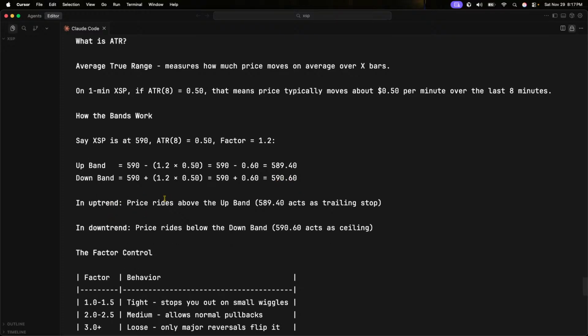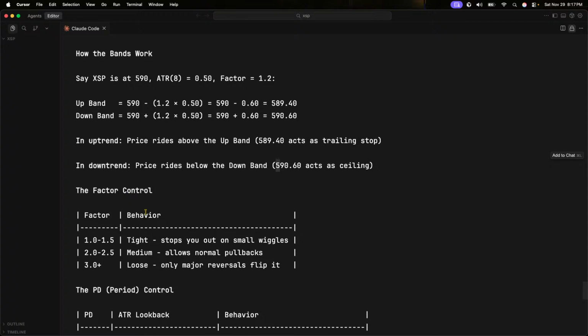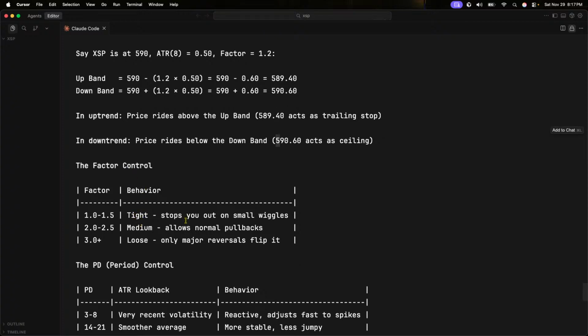So in an uptrend, the price rides above the up band and it acts as a trailing stop. In a downtrend, the price rides below the down band, which acts as the ceiling. So support and resistance. The factor of 1.2 stops you out on small wiggles.